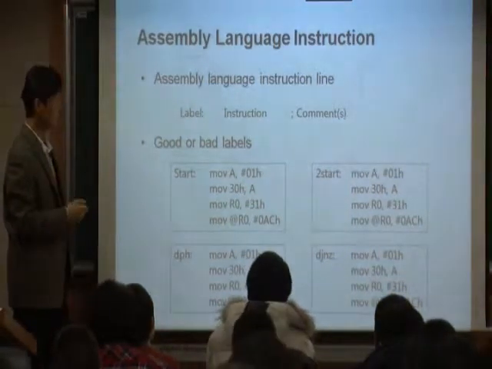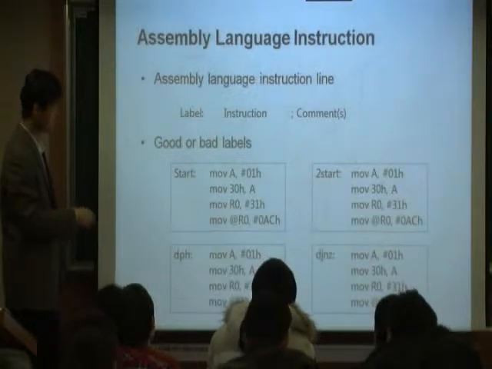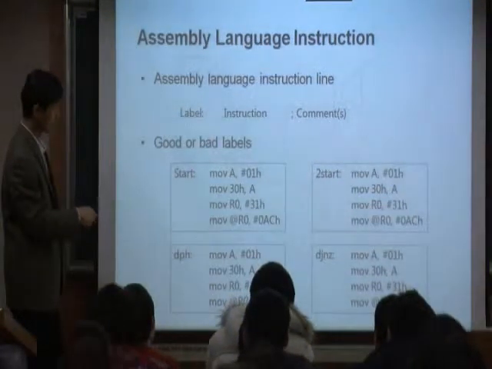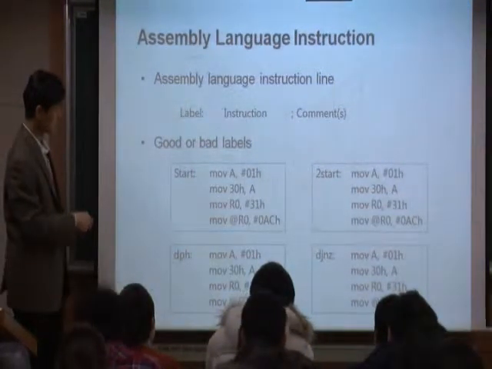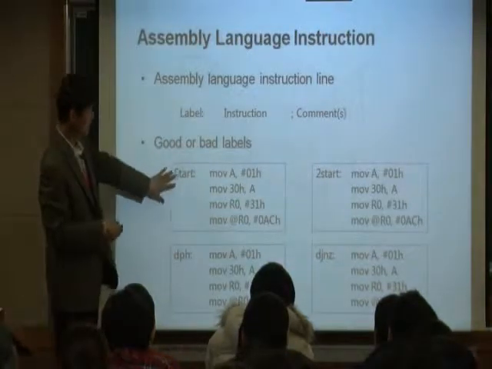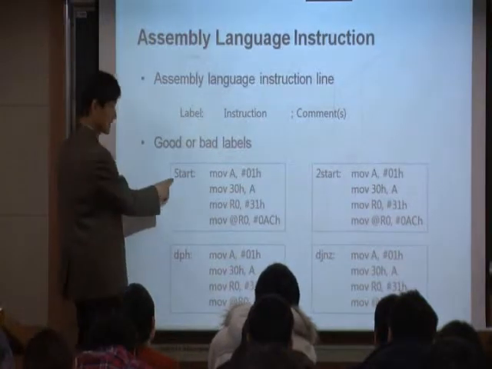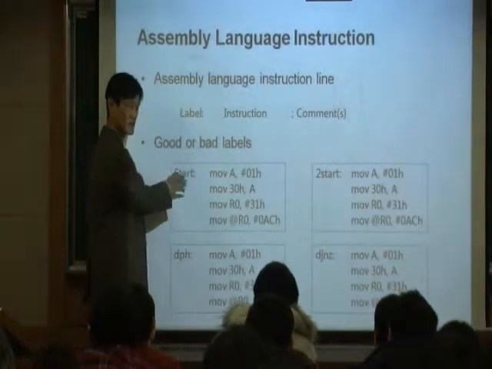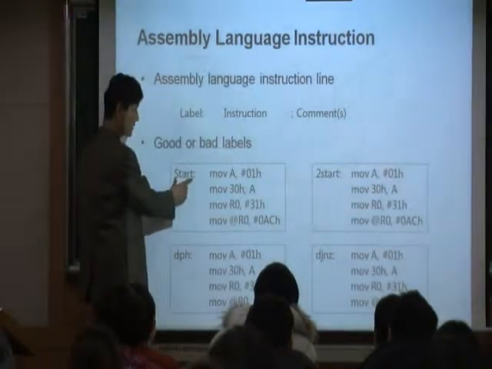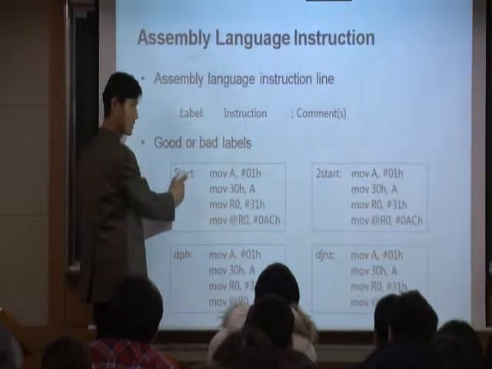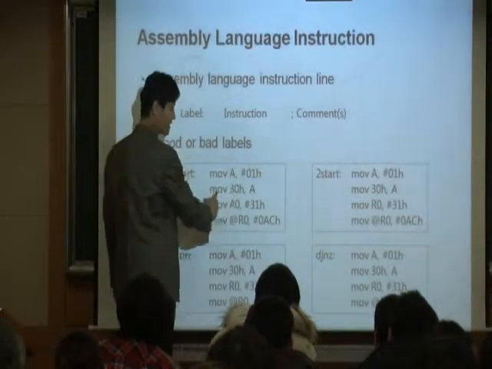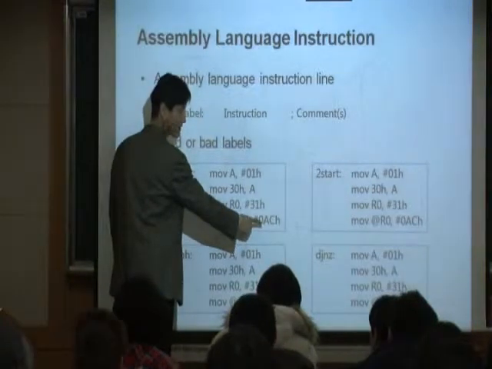So let's look at good and bad ones here. Let's look at this one. This is your label. This is just an example. I put my label as start, colon, and this is my instruction.